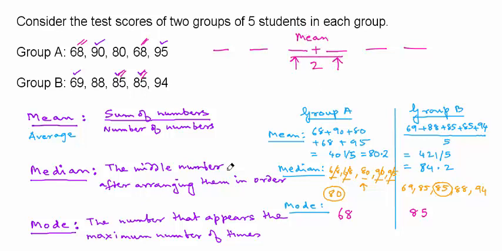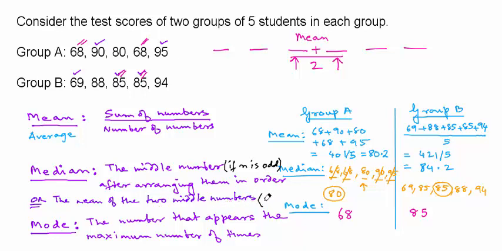So if I may write that down: the middle number, if n is odd, where n represents the number of numbers in the set, or the mean, or the average, of the two middle numbers. Add them up, divide by 2. That's how you find the average or the mean of two numbers, and that is if n, the number of numbers in the set, is even.